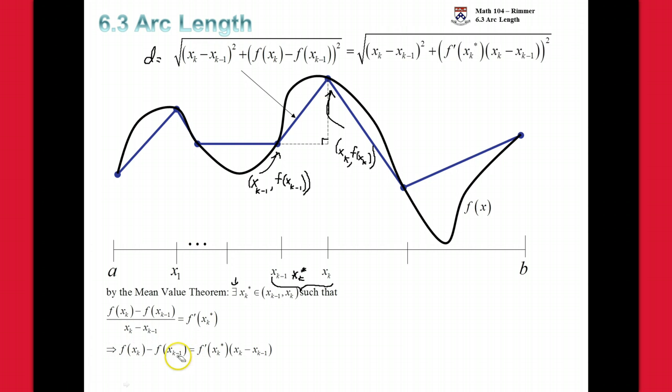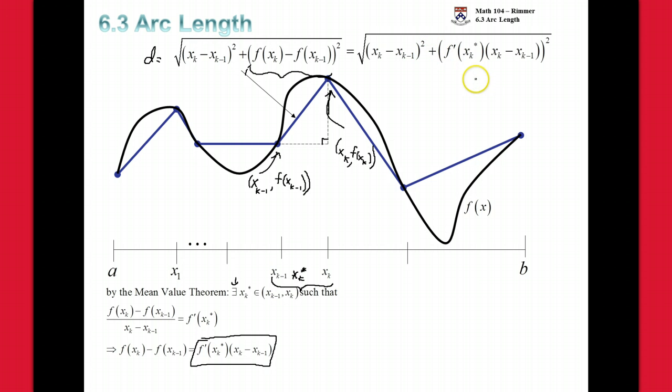Okay, so now let's replace the second set of parentheses here with what's on the left-hand side. So we have f prime of x sub k star times x sub k minus x sub k minus 1, quantity squared. Still squared. And the x difference is still here, and squared.